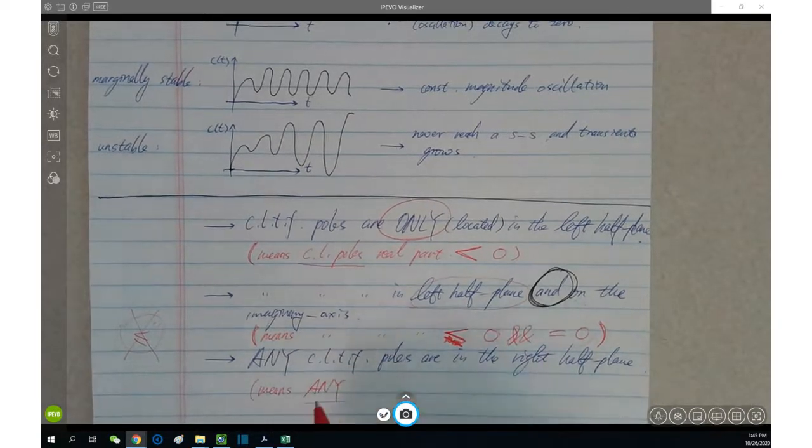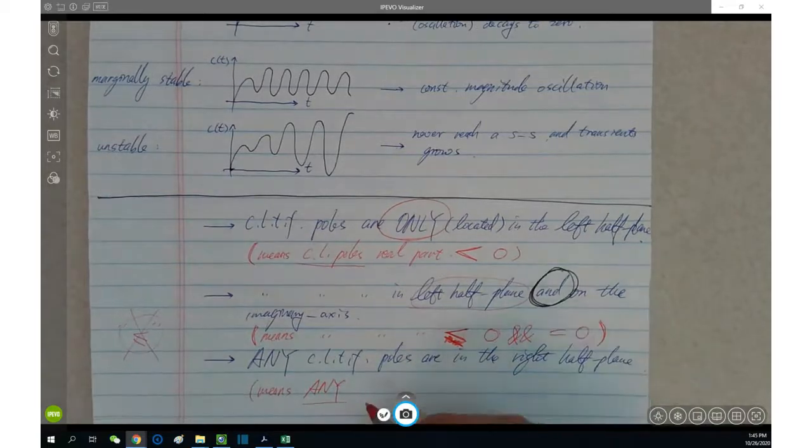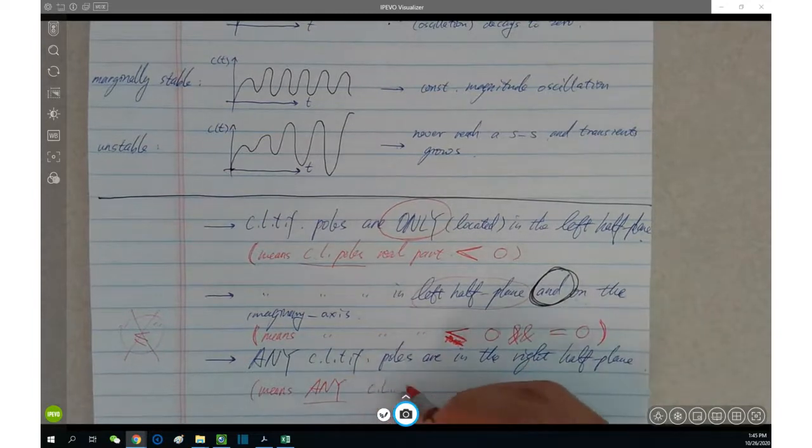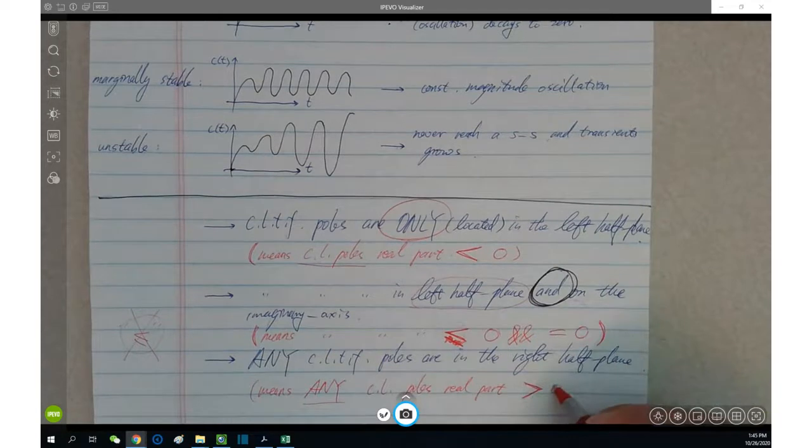Any means as long as you do have it. It might be 1, it might be 2, it might be more, but as long as you do have it. Any closed loop poles, real part is what? Greater than 0, right?